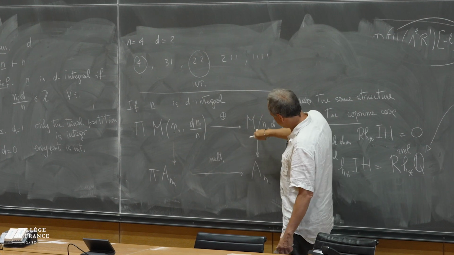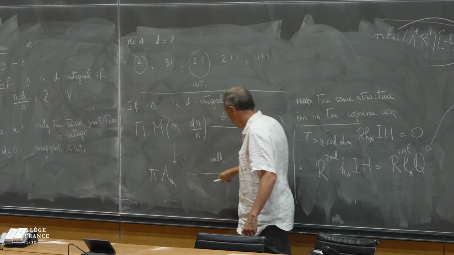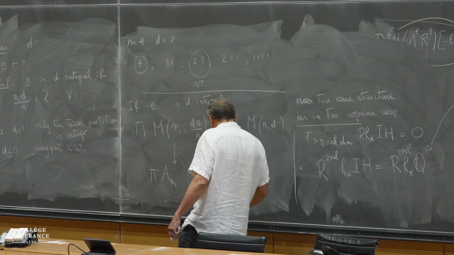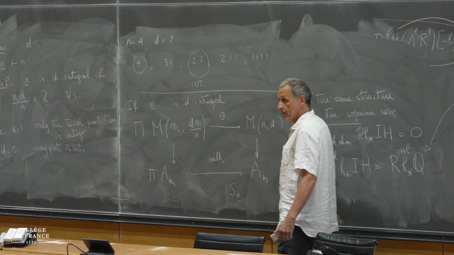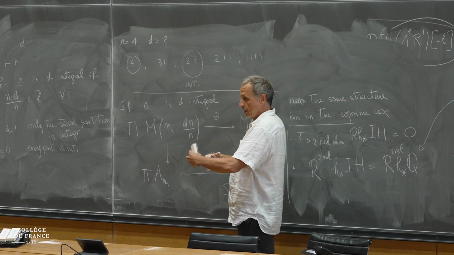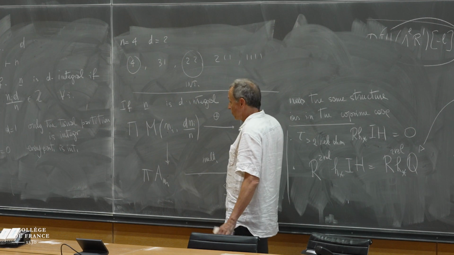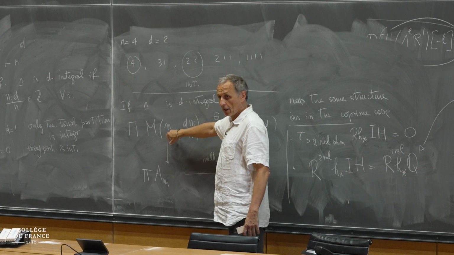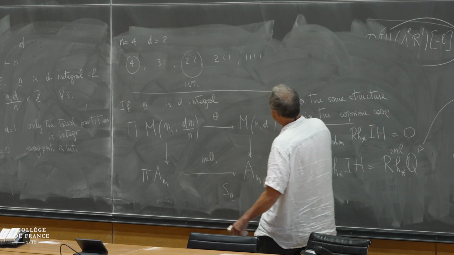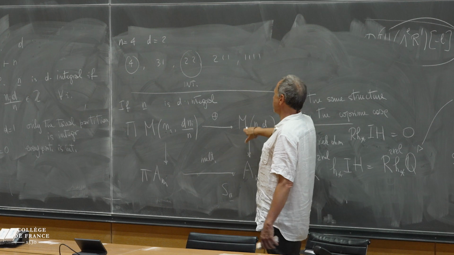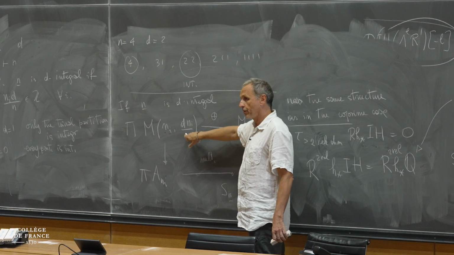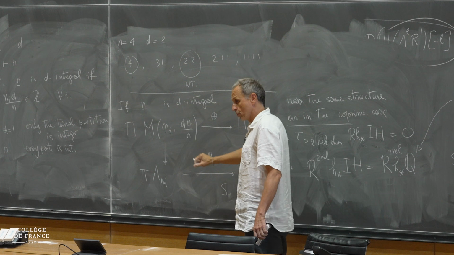So you see that the image of this lands inside what I had first denoted by S_n. So I'm considering spectral curves which split as factors, not necessarily irreducible, of degree n_i. And here I'm landing inside Higgs bundles which are direct sums of Higgs bundles of lower ranks with the same slope.